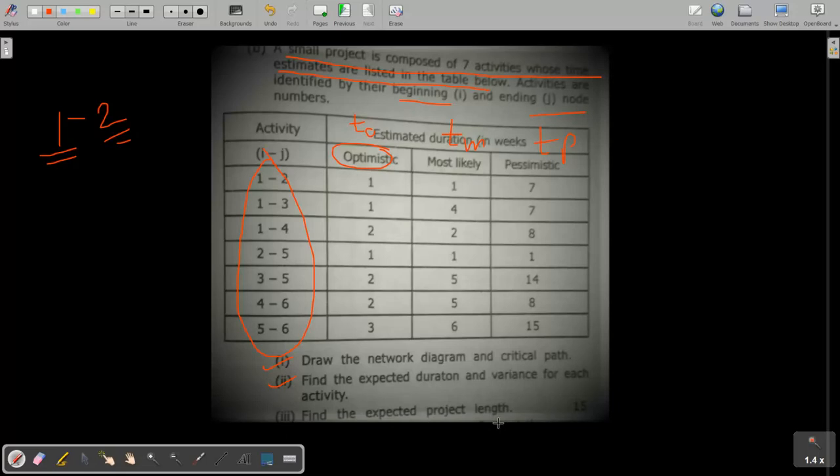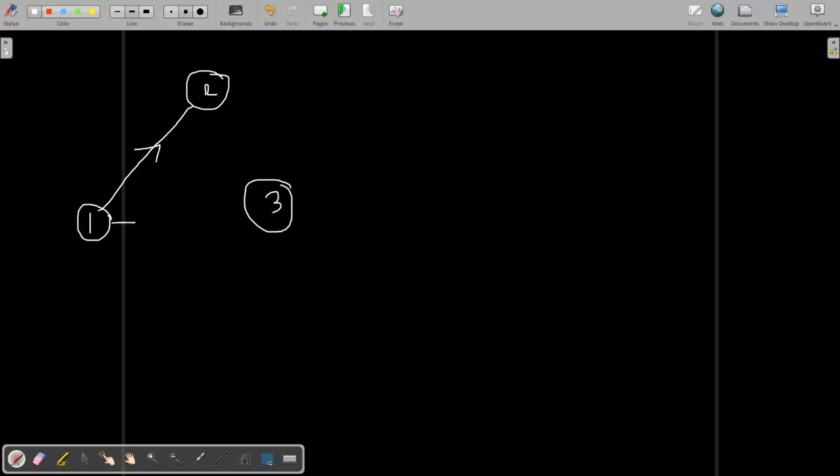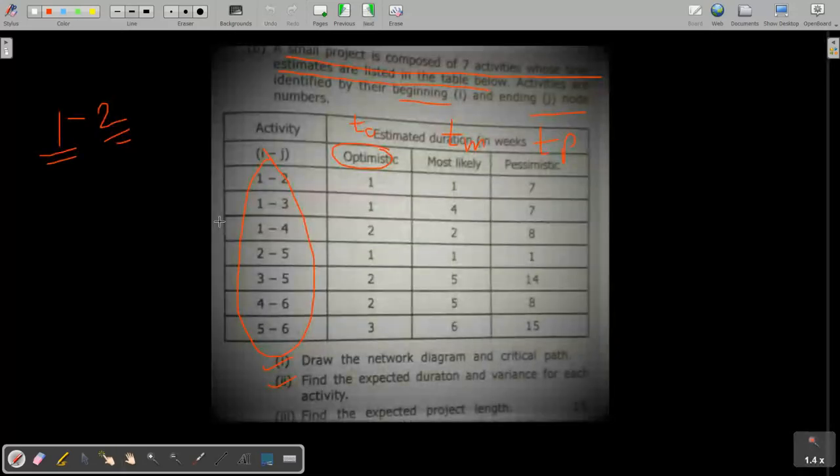So first of all, we will make a network diagram. Activity on node, 1 to 2, and this process is shown on an arrow. Activities are given as 1 to 2, 1 to 3. Okay, in the question you can see here: 1 to 2, 1 to 3, 1 to 4, 2 to 5, 3 to 5, 4 to 6, and 5 to 6.